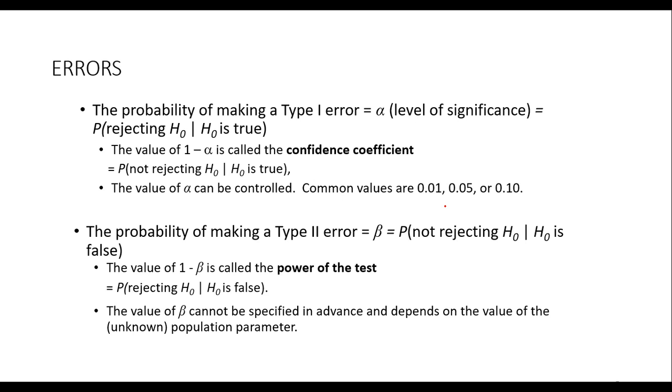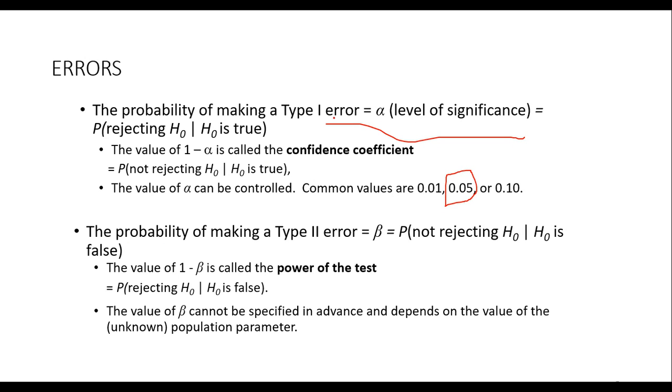Normally we will be living with something like this. This is the most common acceptable value. It is very important to understand what alpha, the level of significance, is, because it is going to be used significantly in statistical tests as well as when we do hypothesis testing.